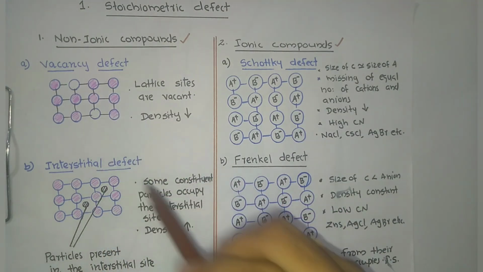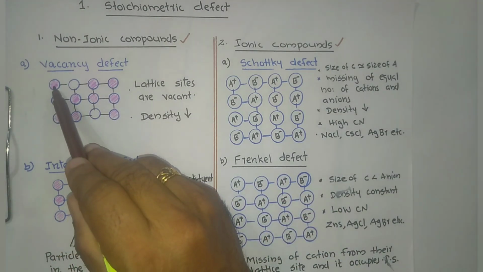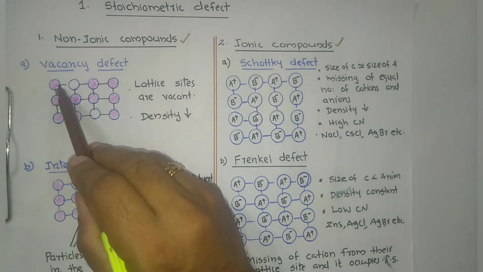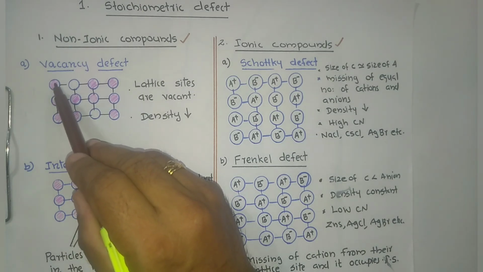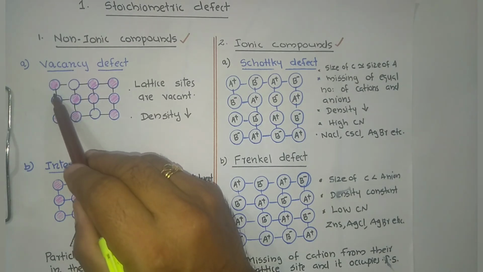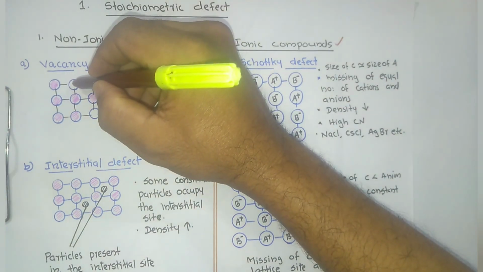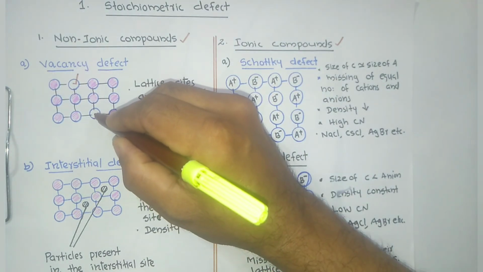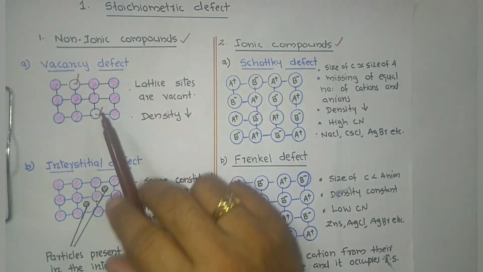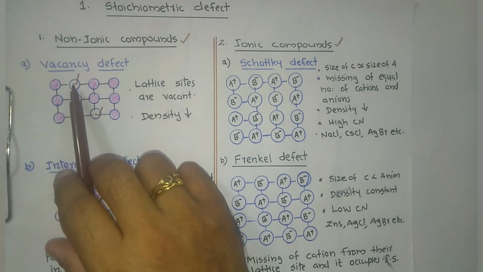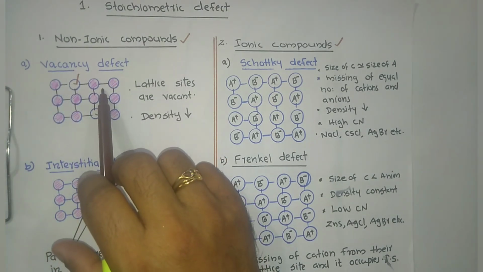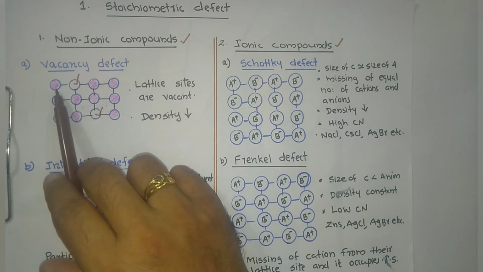Here we represent a sphere marked in rose color. This is a completely occupied sphere. But here, this sphere is vacant. This particle is vacant. The particles are arranged in lattice sites. Then this is the vacant space or interstitial site.